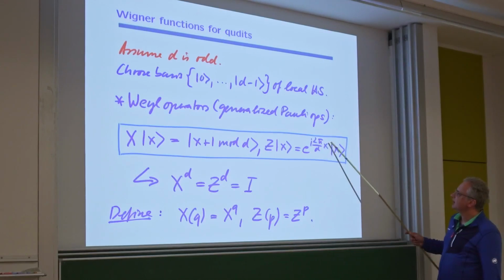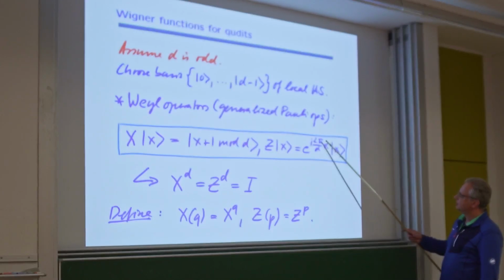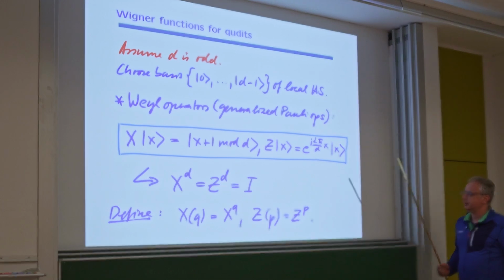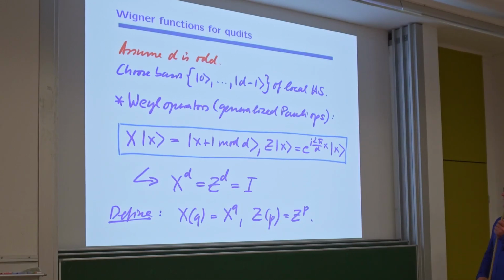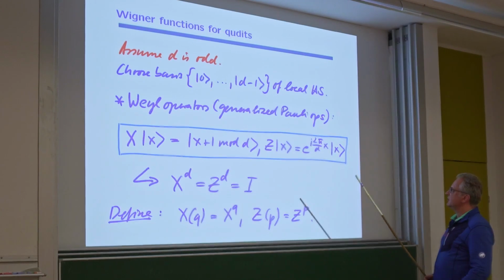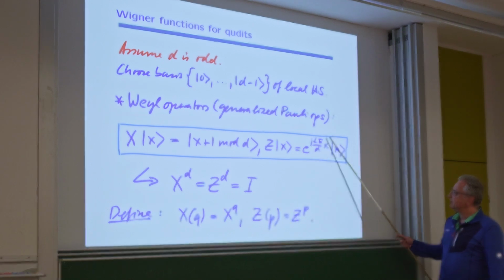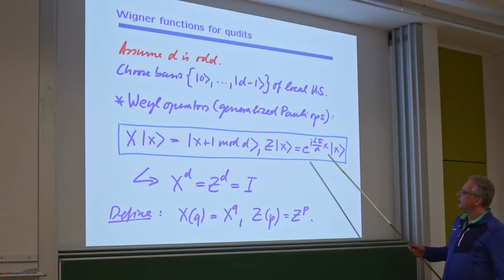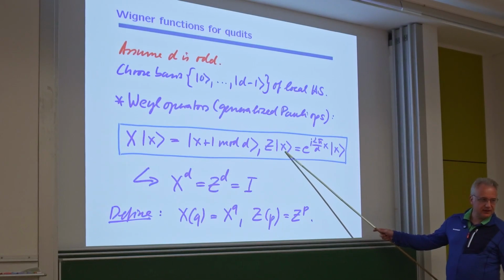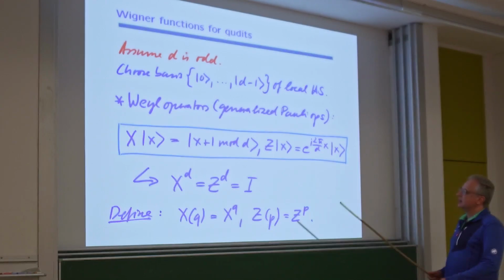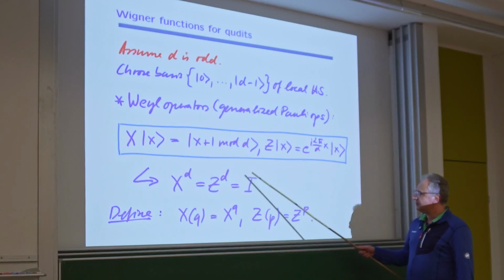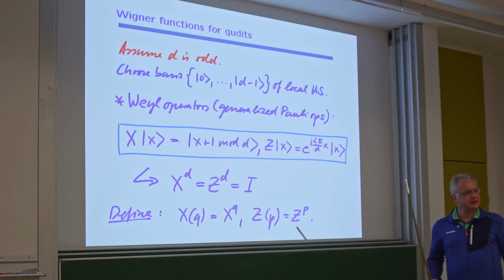The larger that number, the larger the phase that you pick up. Okay, and as a consequence, if you raise this expression to the dth power, you see that gives you a phase factor of 1, irrespective of what the state was. And so this means that Z to the dth power is also the identity.